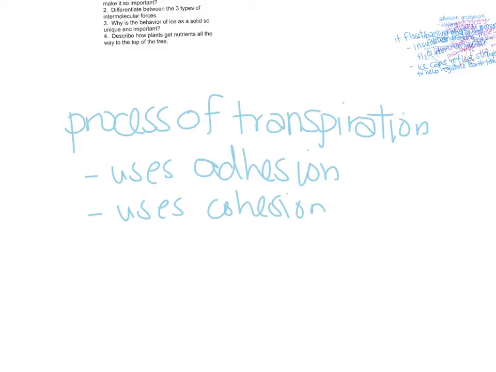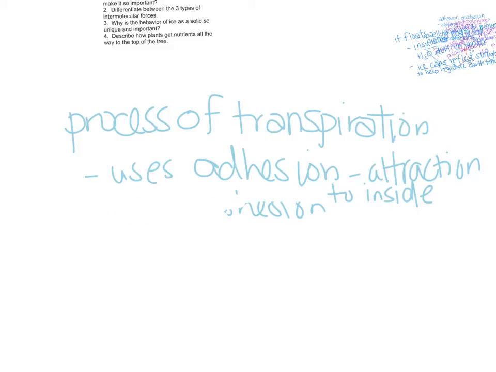How does it use adhesion? So it attaches, it can climb up the tree. Up what part? The roots. Attraction to the inside. It's not the inside of the tree itself, but it's the inside of what? The vasculature of it, so the xylem and the phloem. Let's make some space.